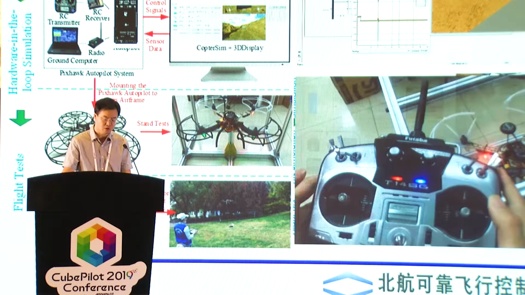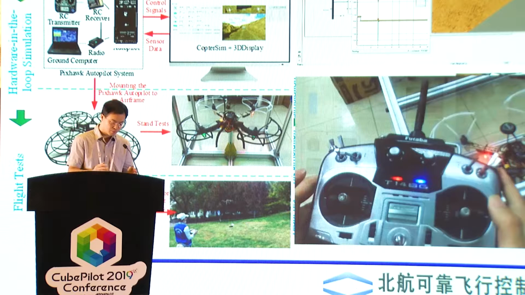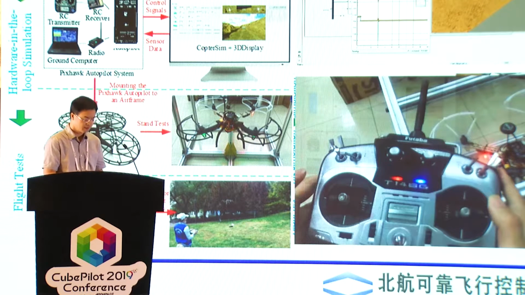Many problems can be solved in the simulation phase. Just now, Peter mentioned auto test is an impressive function, I think. Then after this phase, we can perform the flight test. If we find the results are inconsistent between simulation and actual flight, then we can improve the model. That's a key point. We improve the model.